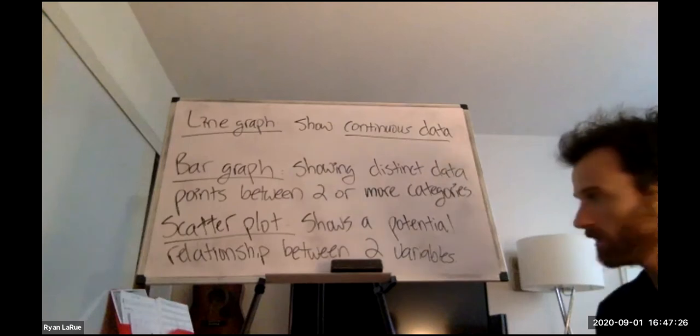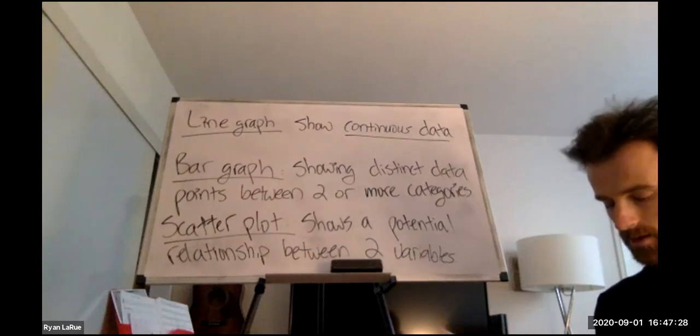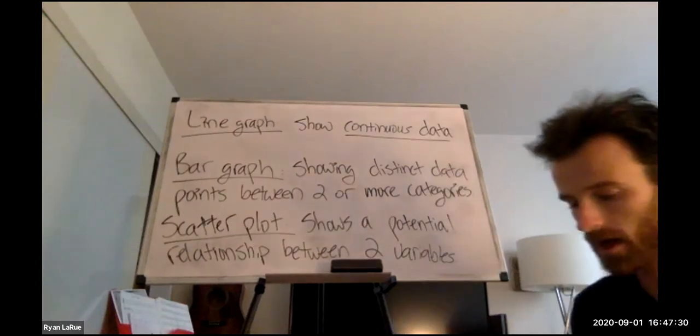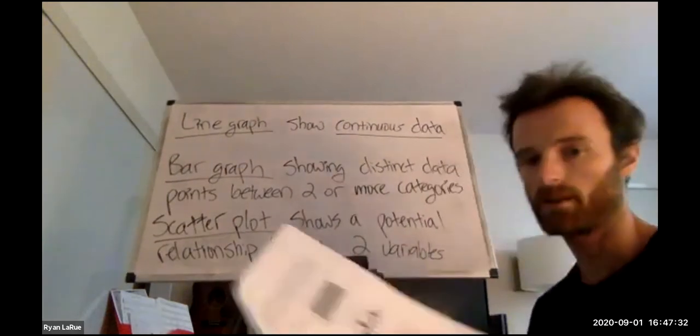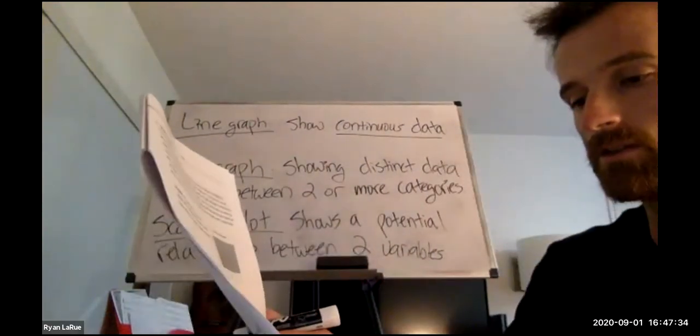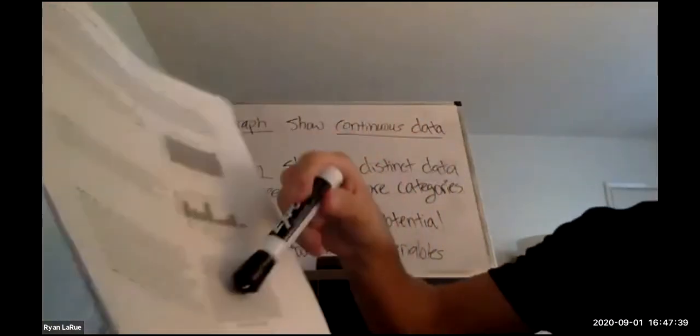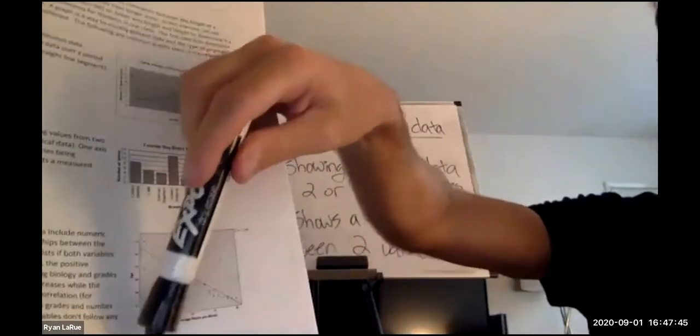So actually, what example did they use? Internet usage. Oh, that's interesting. The example in your lab packet is internet usage and age. The internet usage in hours per week is on the x-axis, the horizontal axis.